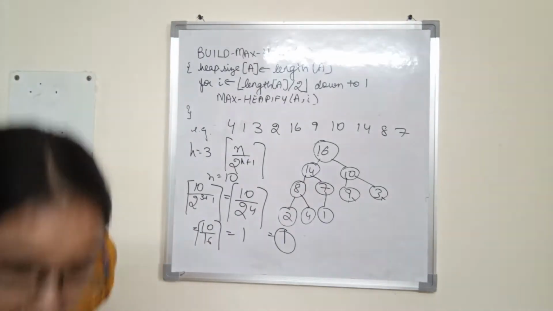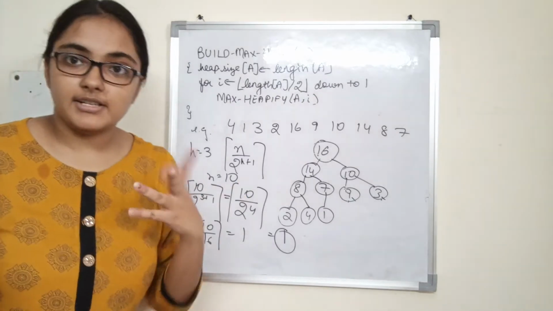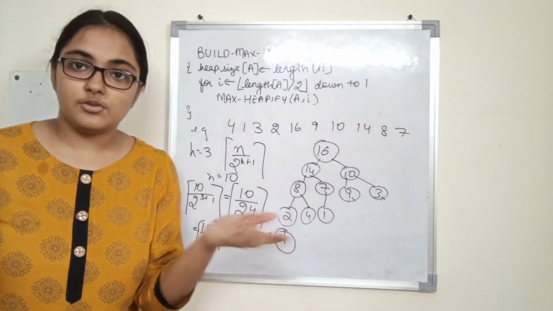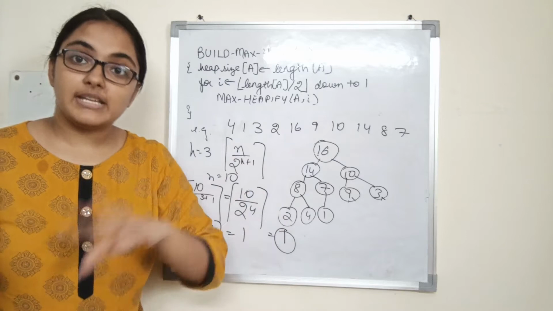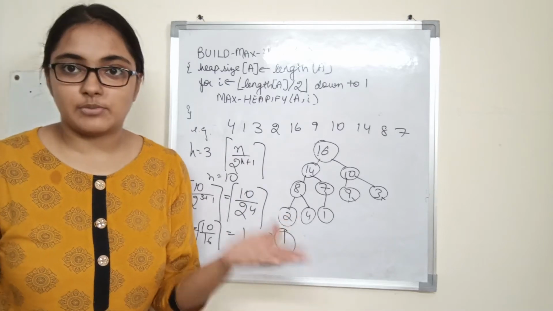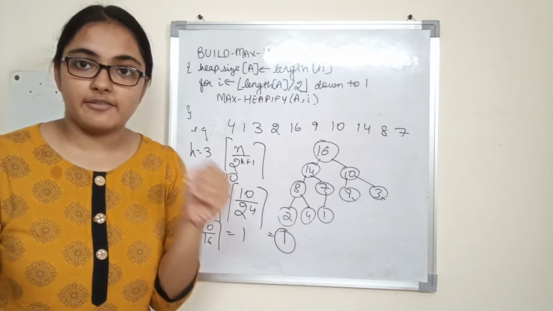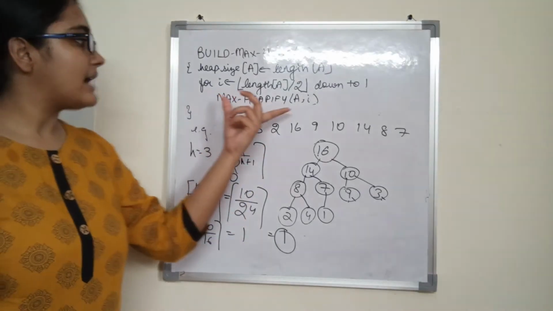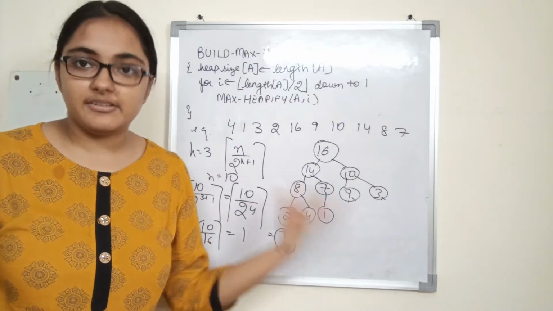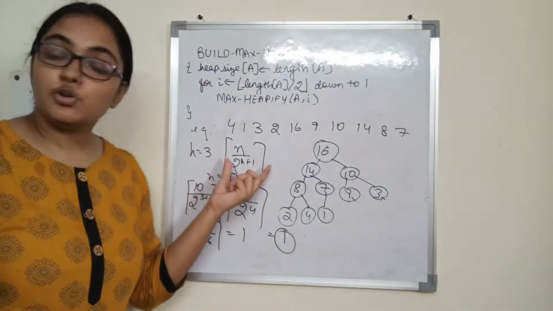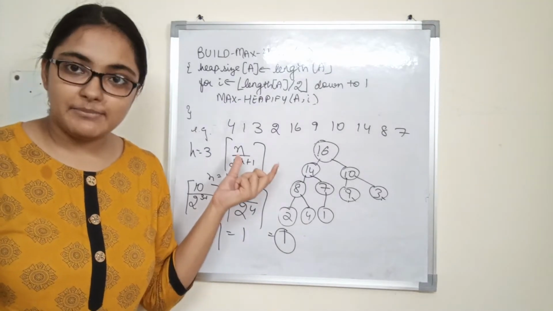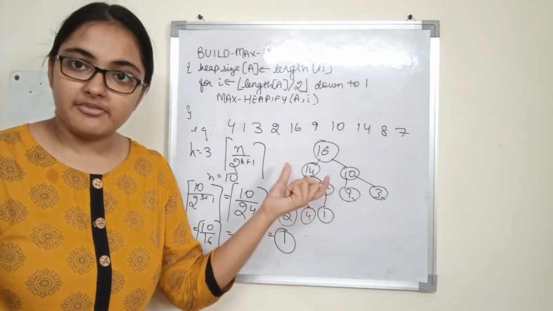Now it is talking about the worst case, that is at max how many nodes will be of height h. It cannot exceed n by 2 power h plus 1. At max there will be that many nodes of height h. When we call max heapify on different nodes, it will take different time. So for these n by 2 power h plus 1 nodes, the time taken by max heapify will be order of h.